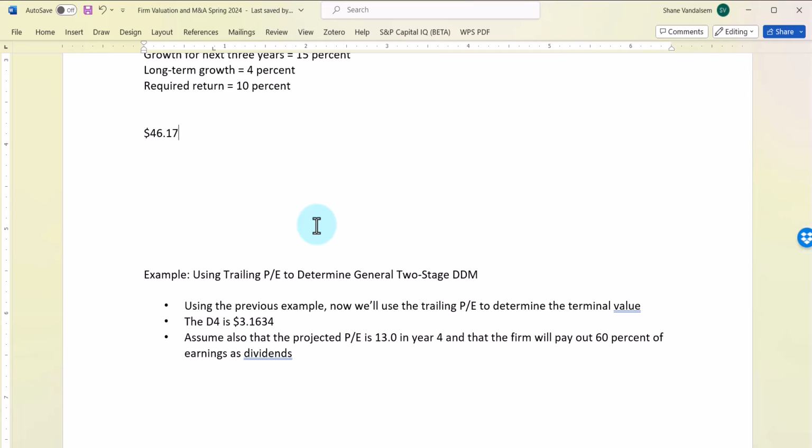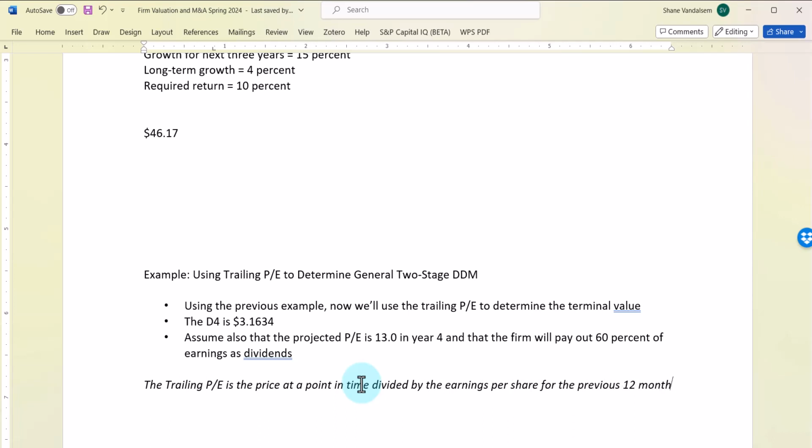So we're going to use the trailing PE. What that means is that we're looking at the price at a point in time divided by the earnings for the previous 12 months. So the trailing PE is the price at a point in time divided by the earnings per share for the previous 12 months.